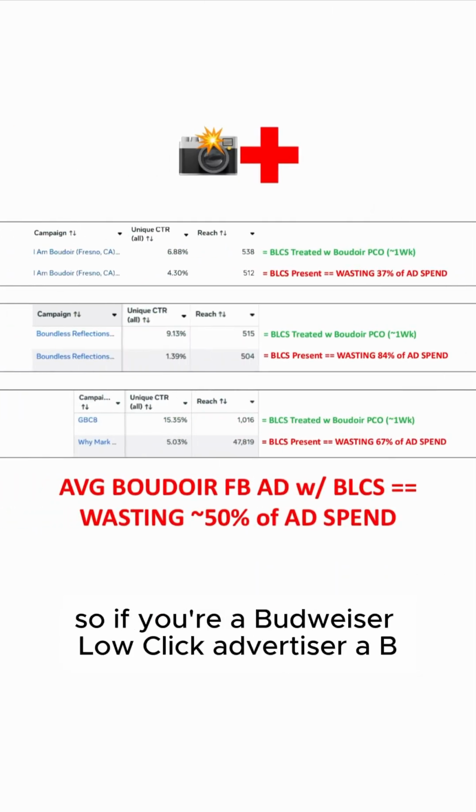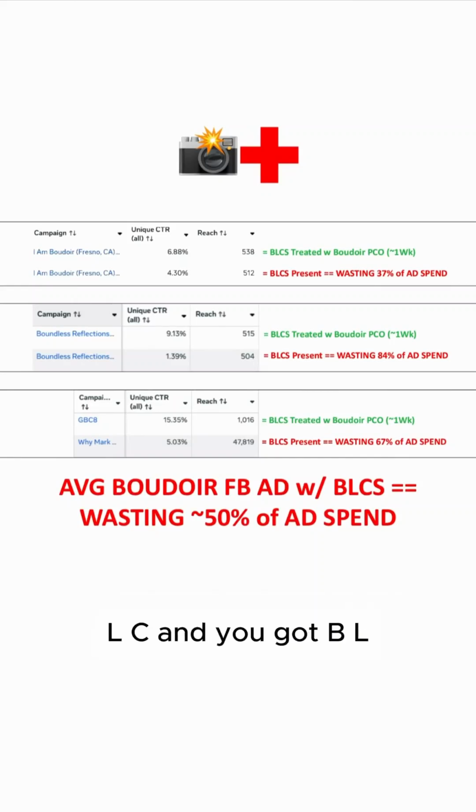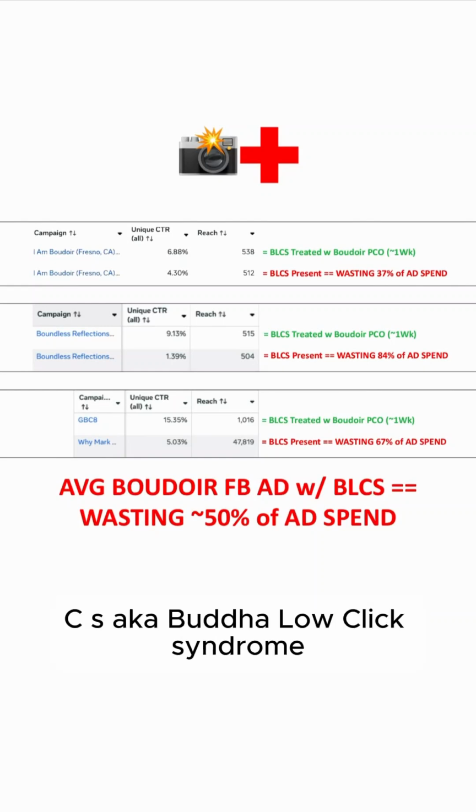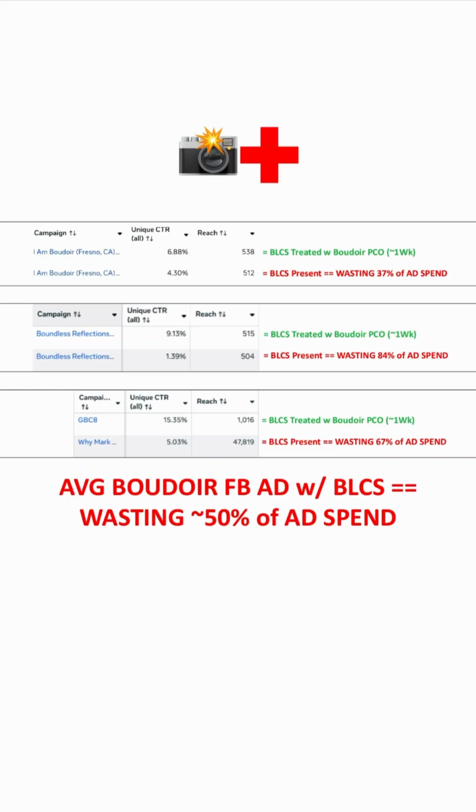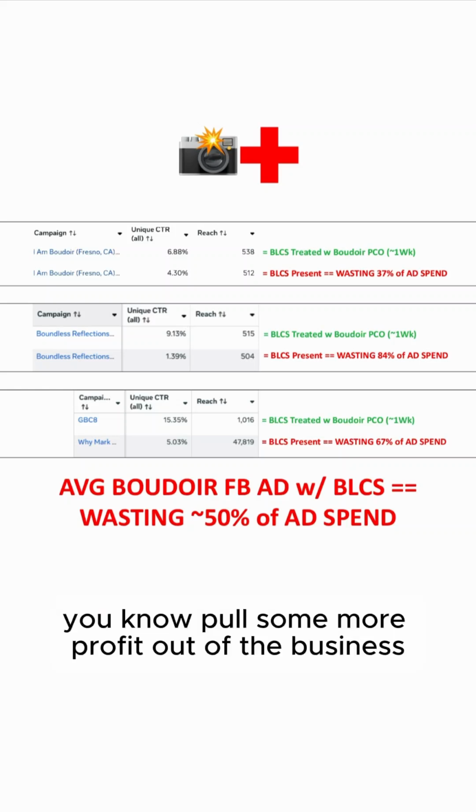All right, so if you're a Boudoir low-click advertiser, a BLCA, and you've got BLCS, aka Boudoir low-click syndrome, so your unique CTR is under 6% on your Boudoir Facebook ads, and you're spending more than 10 grand a month on Boudoir Facebook ads, and you want to pull some more profit out of the business.